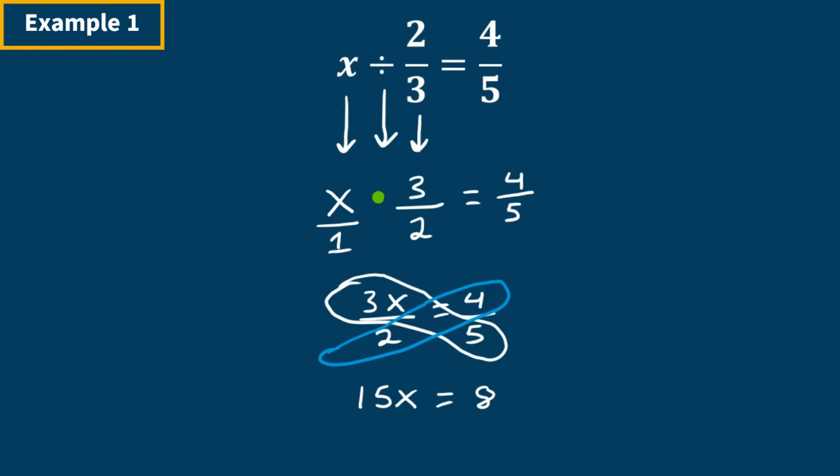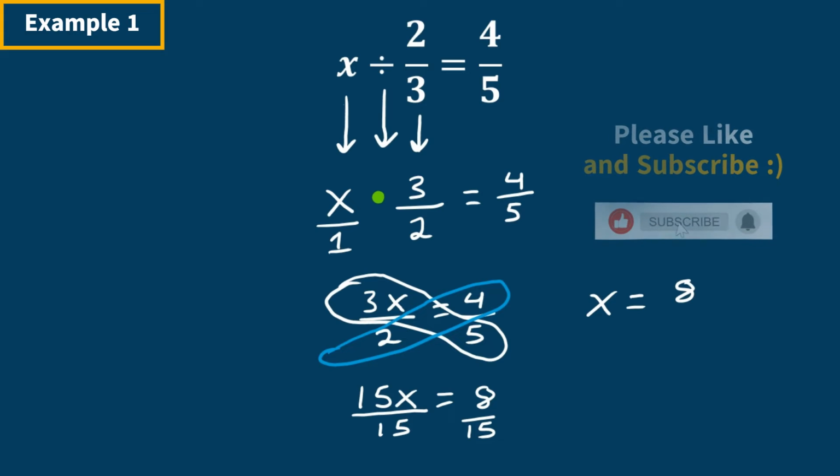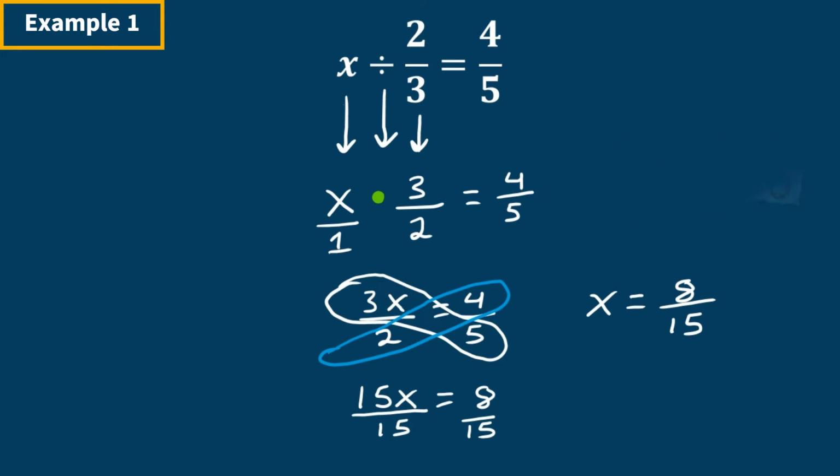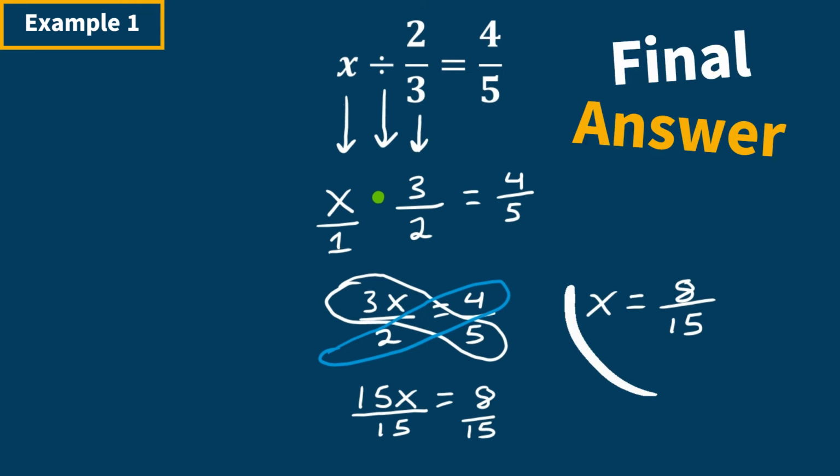And now all we got to do is just get x by itself. And we do that by dividing by 15 on both sides. So now we have x is equal to 8 over 15. Since we can't simplify any further, this is going to be our final answer.